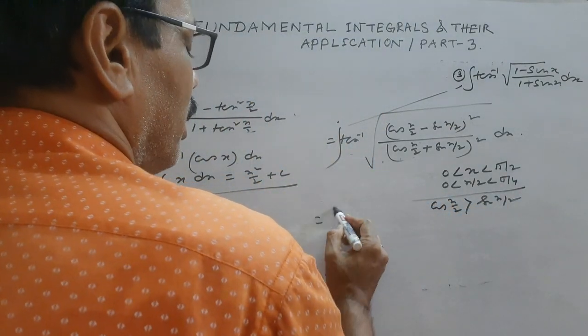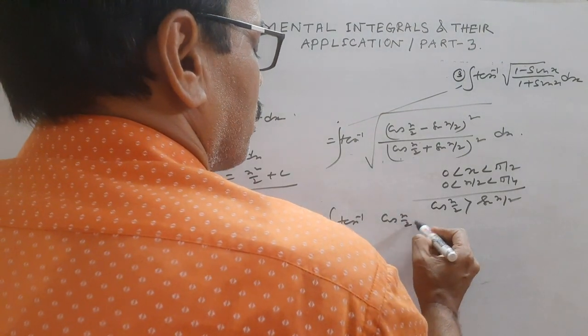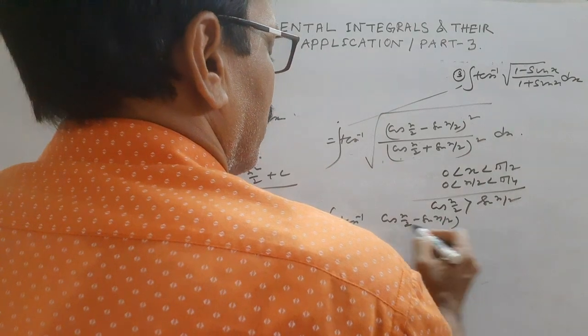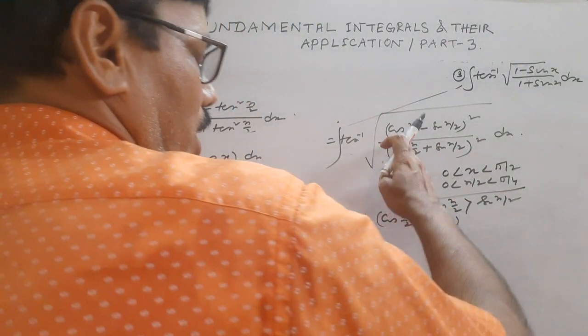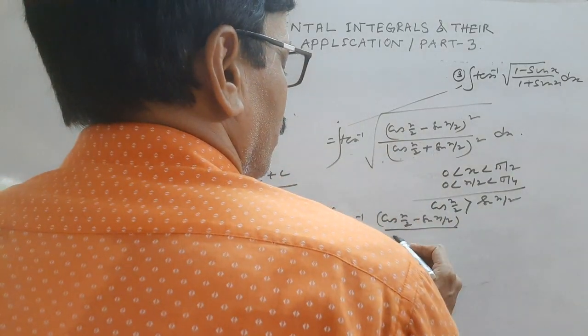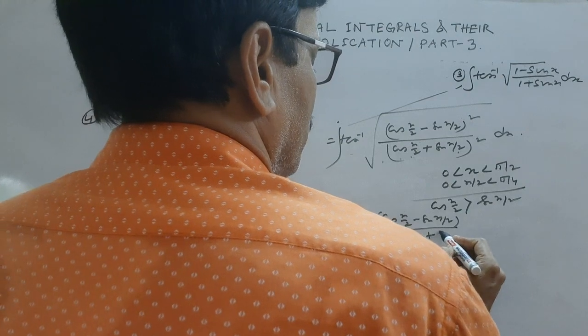So here this is cos x by 2 minus sin x by 2. Since it is in the first quadrant, we suppose; otherwise you have to take the mod. And this one is positive, this one is positive, so the root is positive.